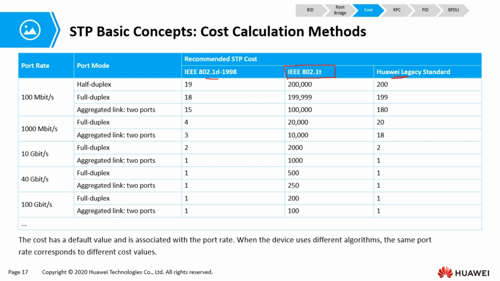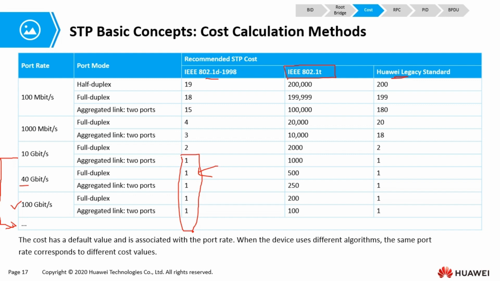Whenever the port rate reaches 10 Gbps, if you are using IEEE 802.1d, there is no difference. Whether you have a port rate of 100 or 40, the root path cost can only be 1. If you forward your packets, of course you prefer a high-bandwidth path compared to a lower port rate, but with 802.1d there is no difference.